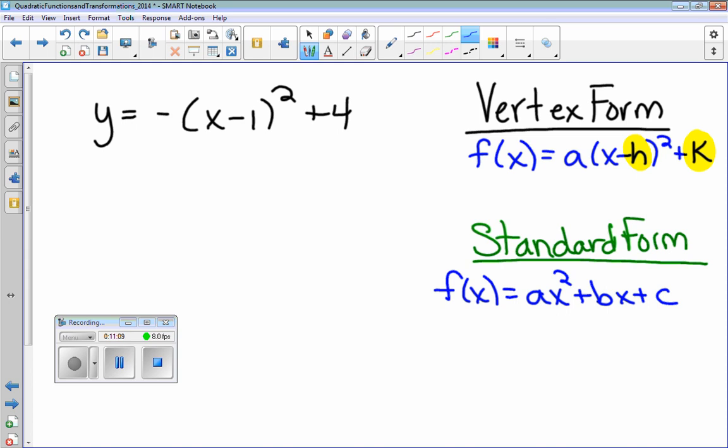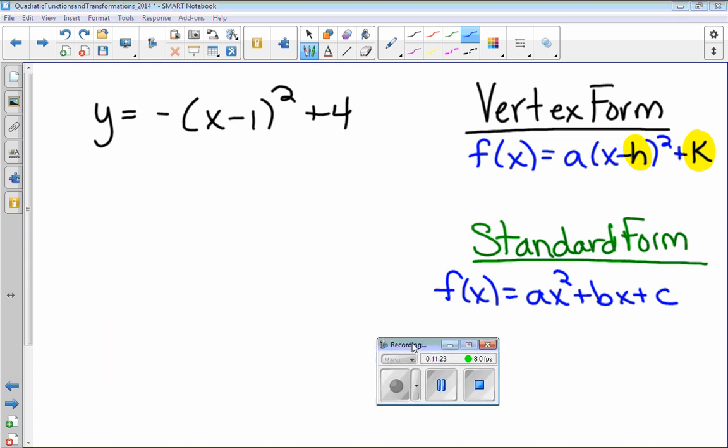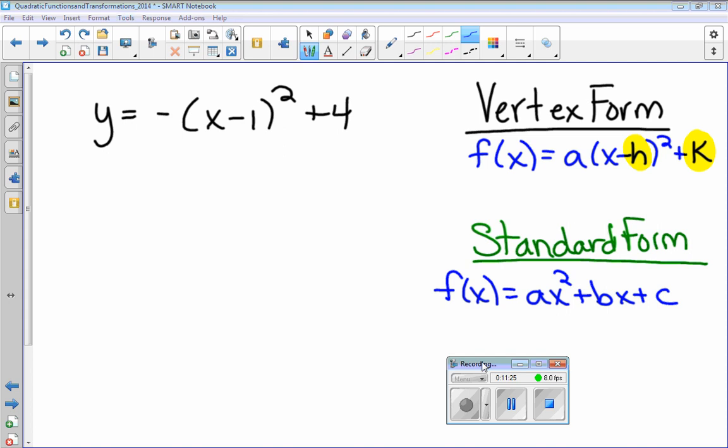I know where the new vertex is. And I can graph it pretty easy, right? That's what we've just been doing. We can graph it really easily when it's in vertex form. When it's in standard form, it's not as easy to graph. Okay? So we're first going to go from vertex form to standard form. And then later in our unit, we will go backwards because we want to be able to graph it.